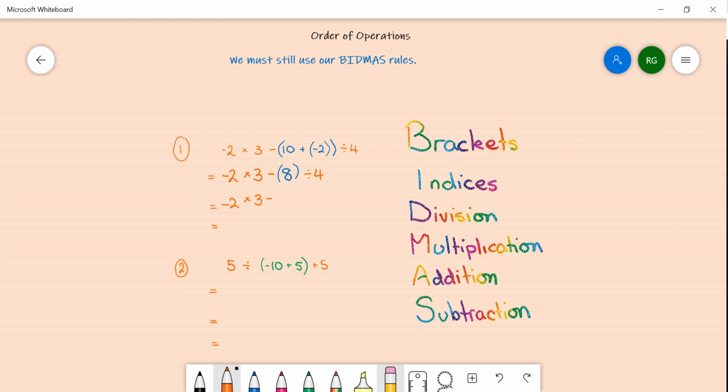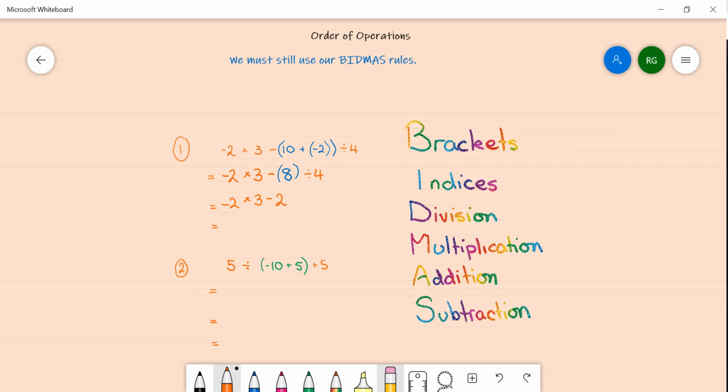So we now have -8 divided by 4, and negative divided by a positive gives us a negative. So -8 divided by 4 is -2, because 8 divided by 4 is 2, and we leave the negative value there.